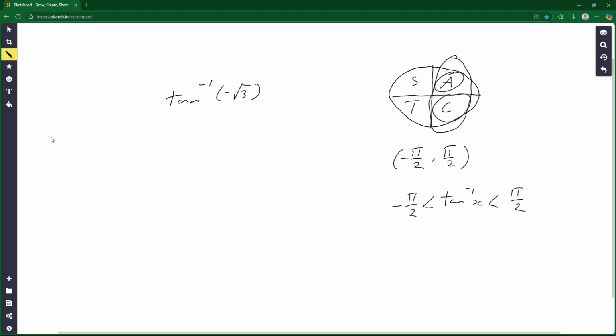Now, first of all, what does x need to be to equal negative root 3?